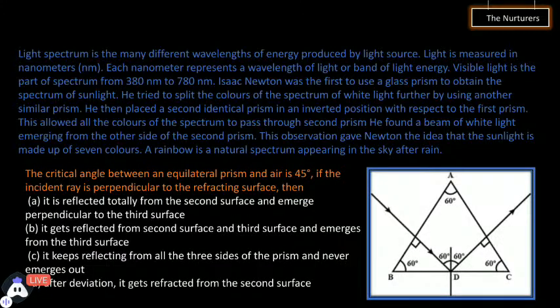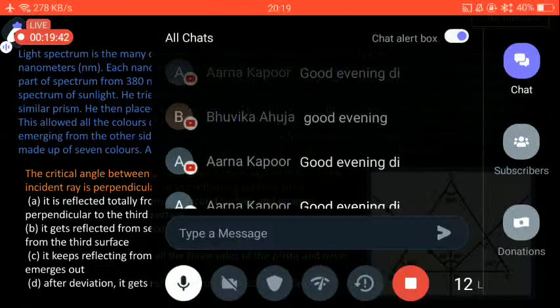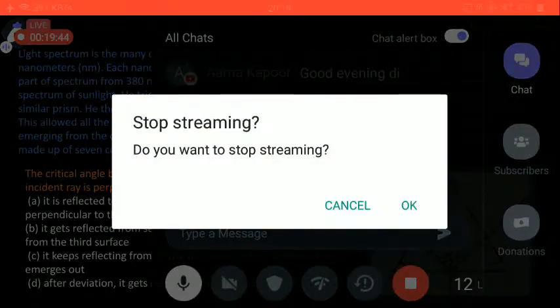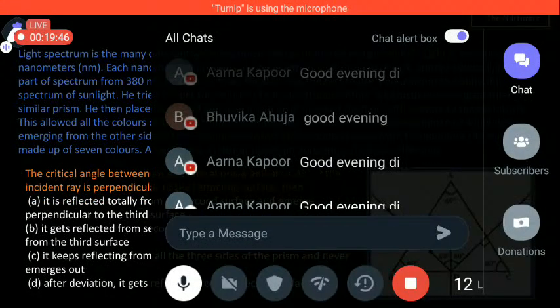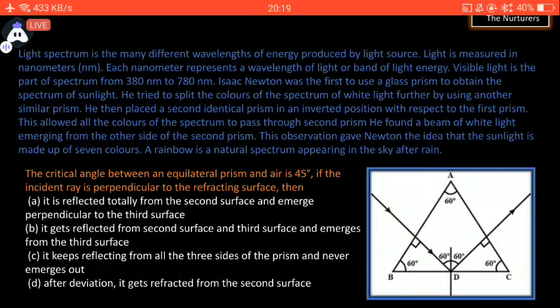Now this is a very important question. Need to look at carefully. Light spectrum, as you can see, is the many different wavelengths of energy produced by the light source.